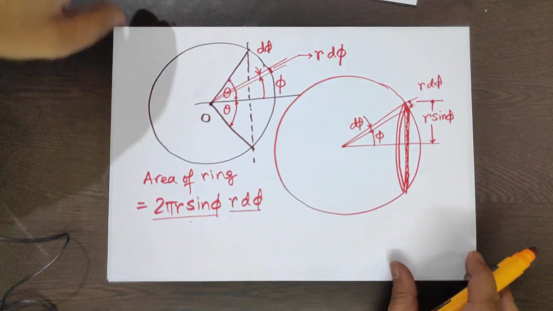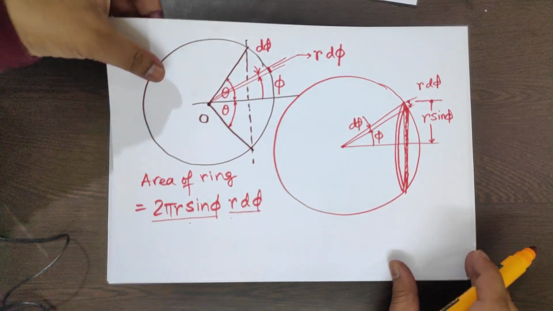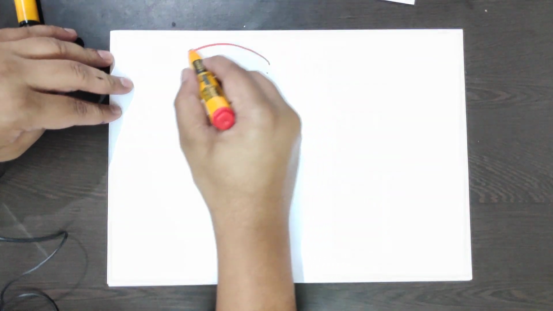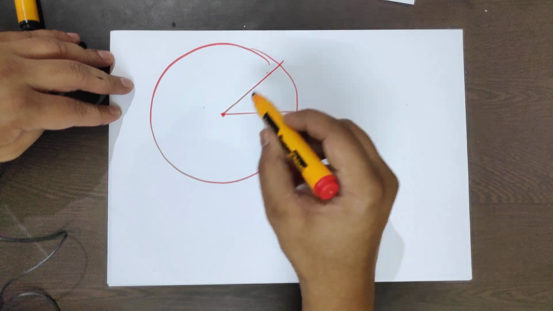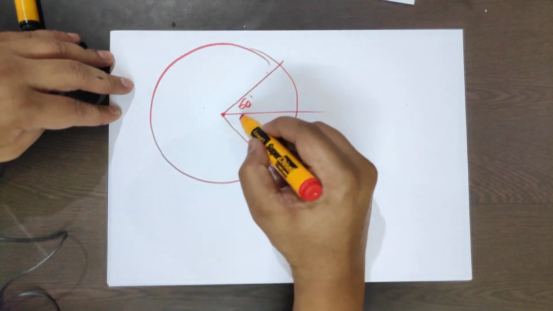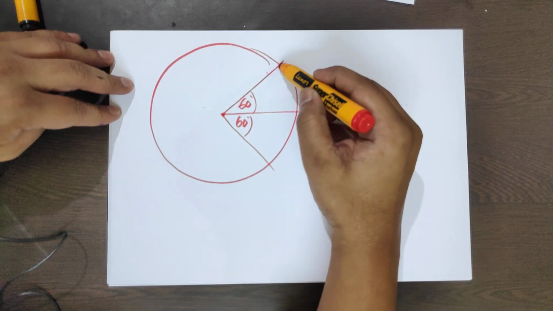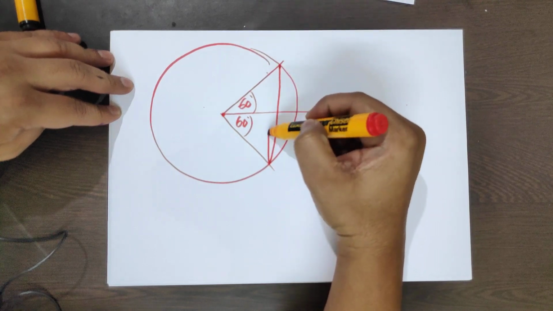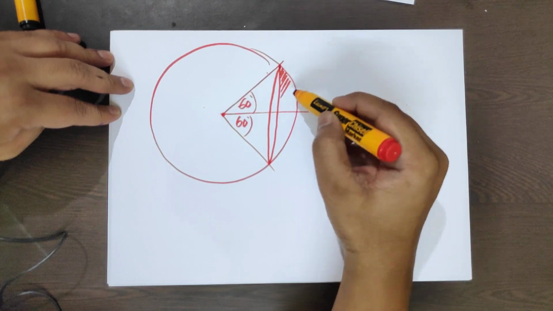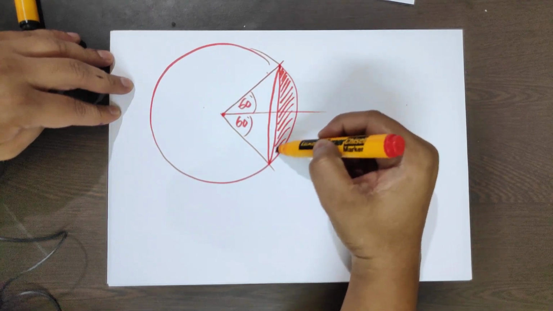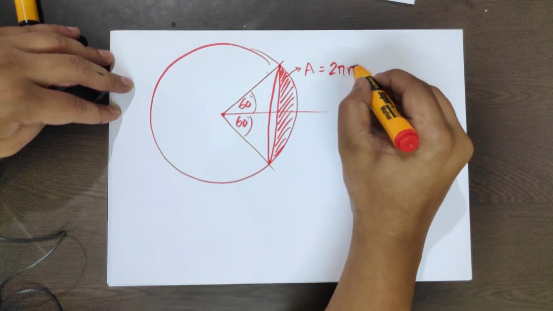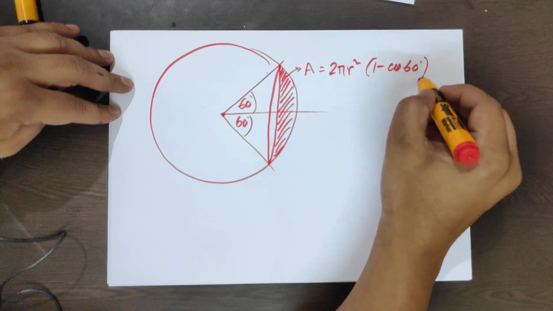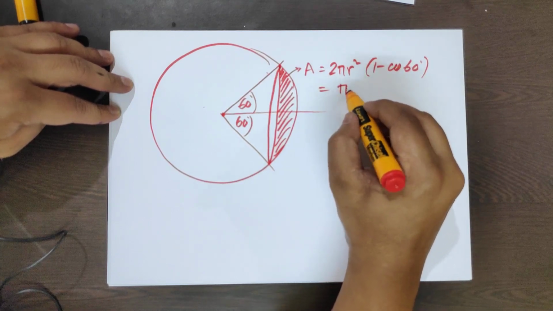Now for the solid angle, suppose for example that's a sphere. Suppose this makes angle 60 degree. So you have to find out this much area A. Already we know it's 2 pi r square times 1 minus cos of 60, that is equal to pi r square.